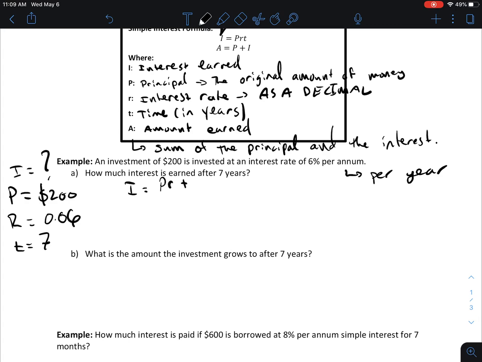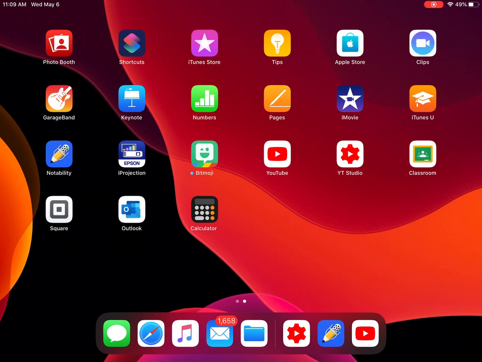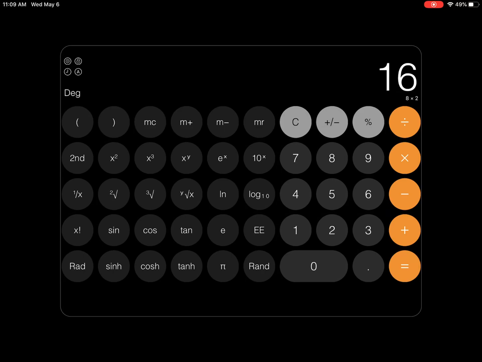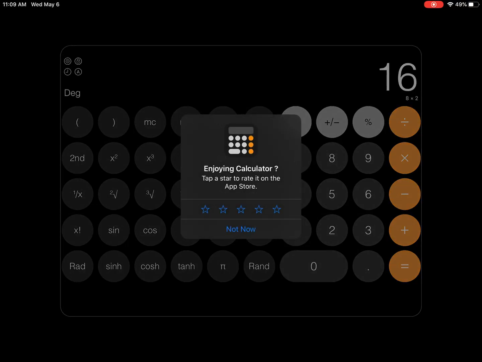So I'm going to write out my equation. I equals P R T. And then I'm just going to plug in the things that I know. I'm interested in the amount of interest, so P is going to be 200, the interest rate was 0.06, and T was 7.